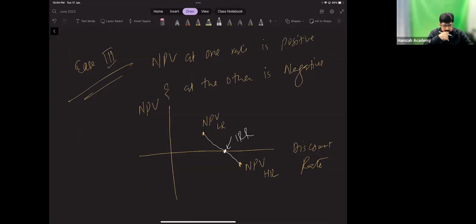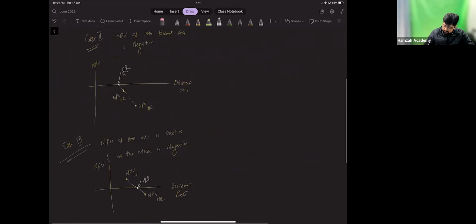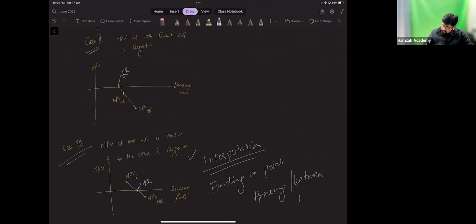Now, students, you see here in all three cases, one more thing. This process is called interpolation. What is interpolation? Finding a point between 2 points. We have done the same here in this case. We have found a point between 2 points. Interpolation.